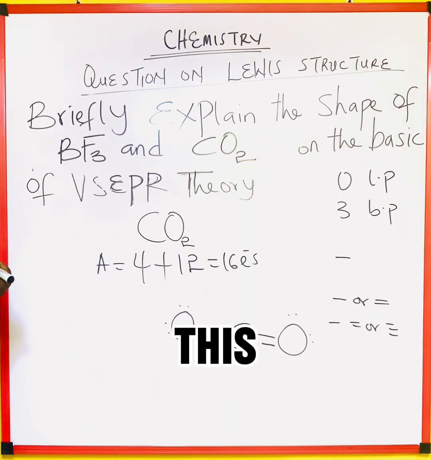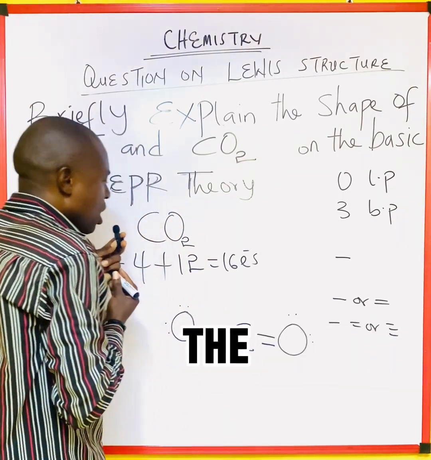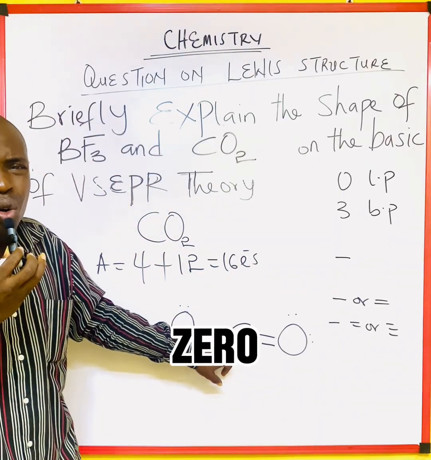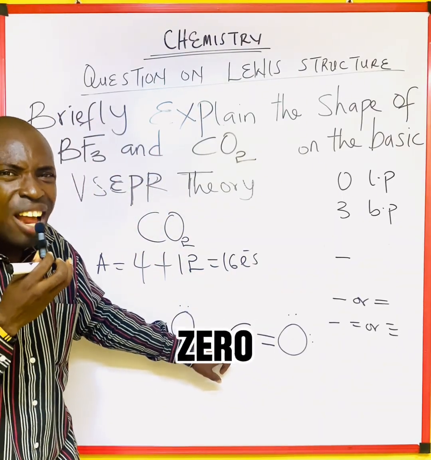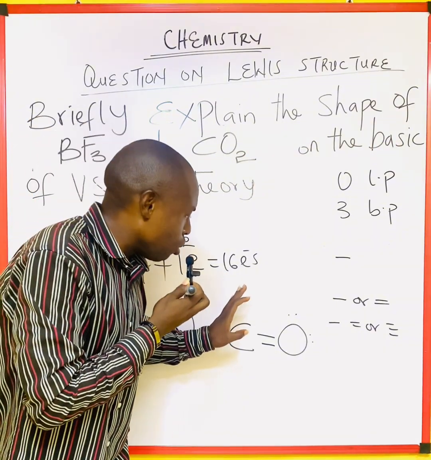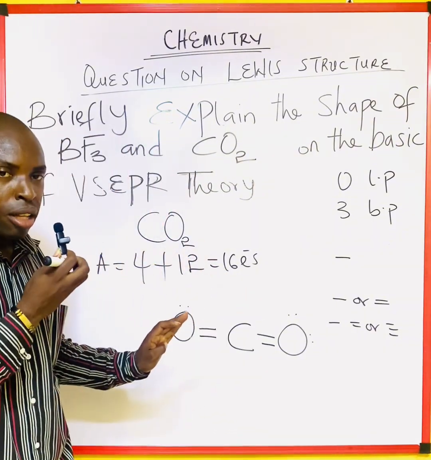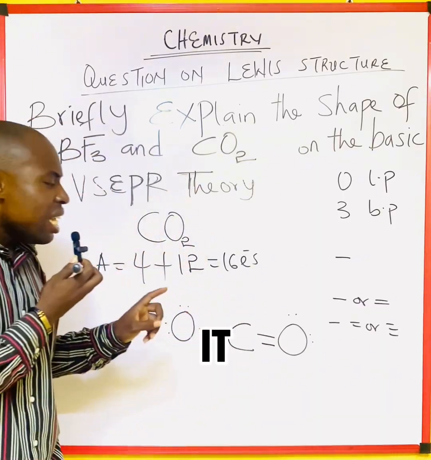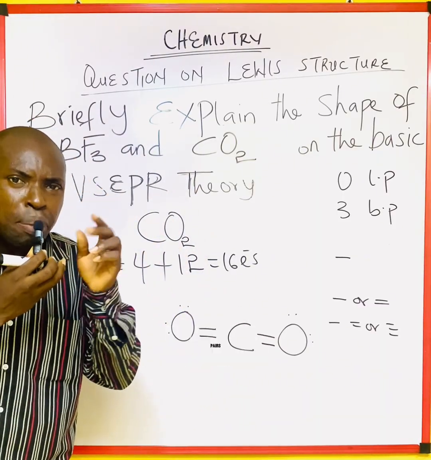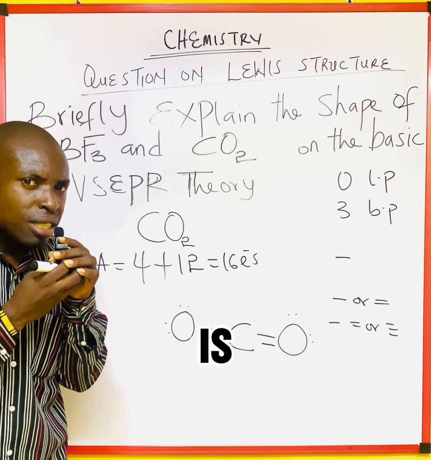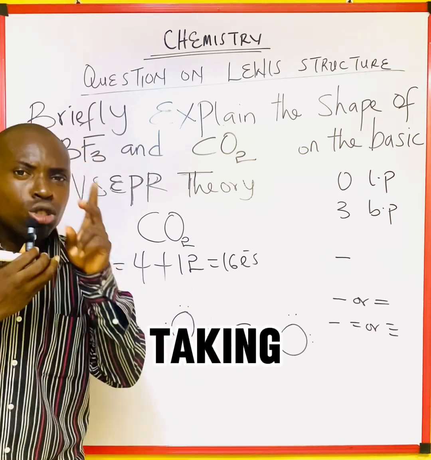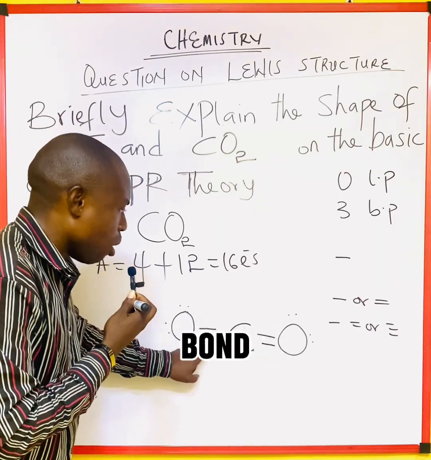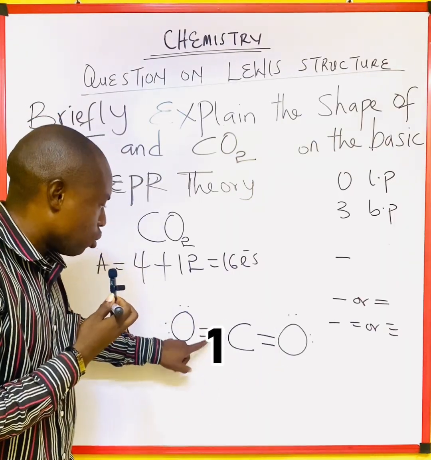Now I know this, I can continue. The carbon has 0 lone pair. There's no lone pair in this central element, but it has 2 bond pairs. Is that clear now? Because you are taking a double bond as one bond. That's a double bond, not 1, 2, 3, 4.